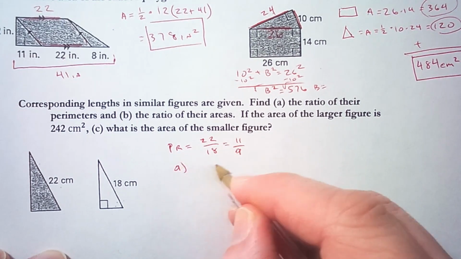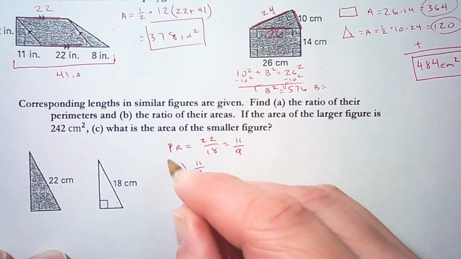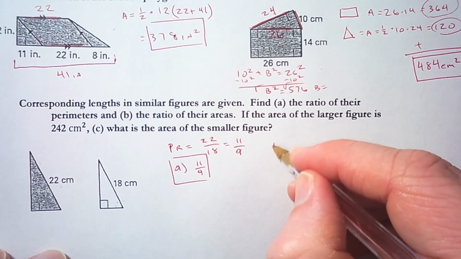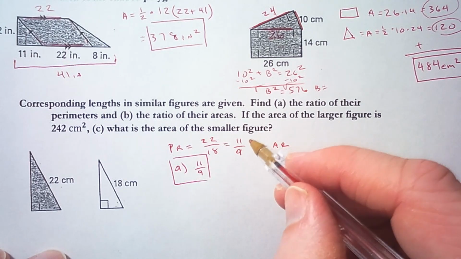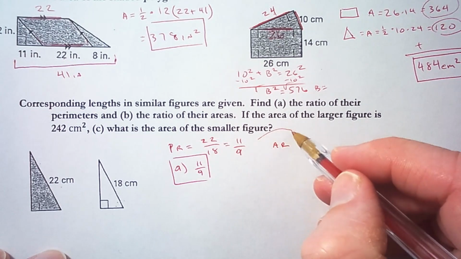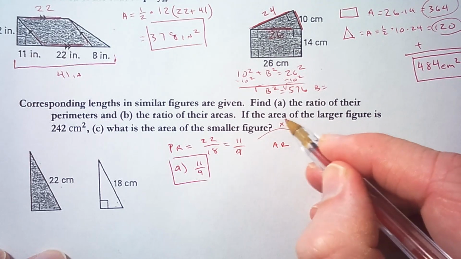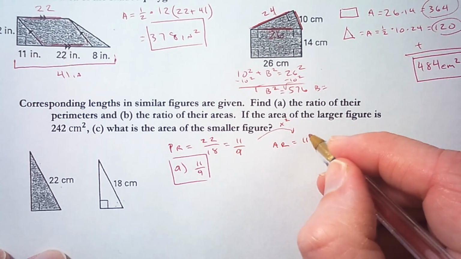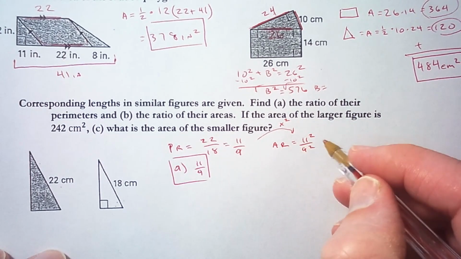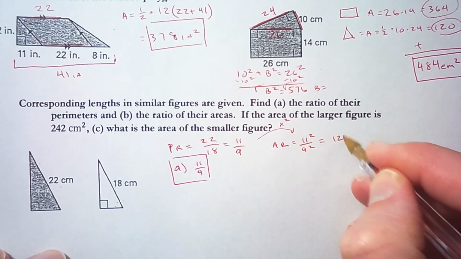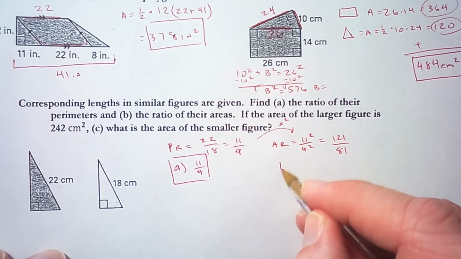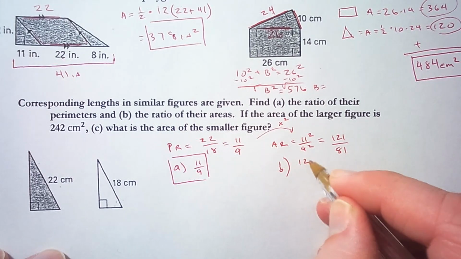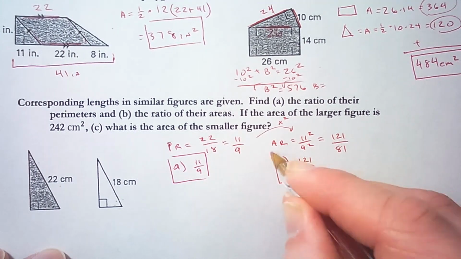Okay, so for A, my answer is 11 over 9. Next is find the ratio of the areas. So the area ratio, I just take this 11/9 and raise it to the second power. So that's 11 squared over 9 squared, which is 121 over 81. So for B, the ratio of areas is 121 over 81.